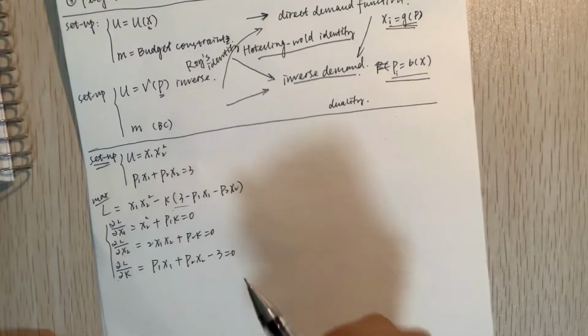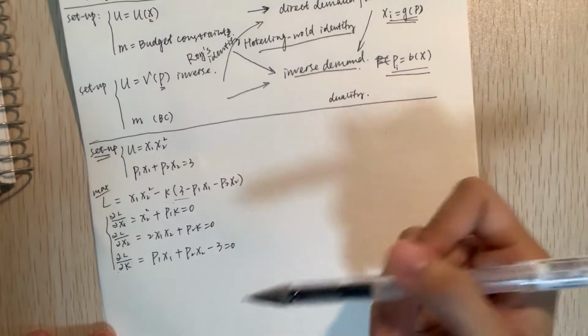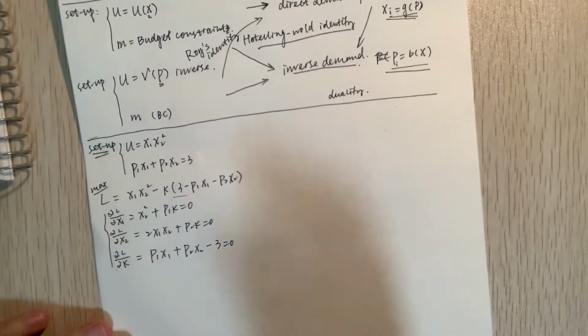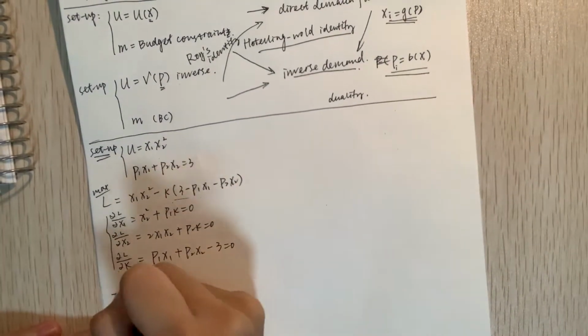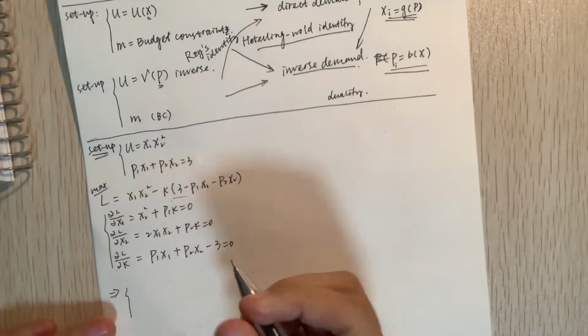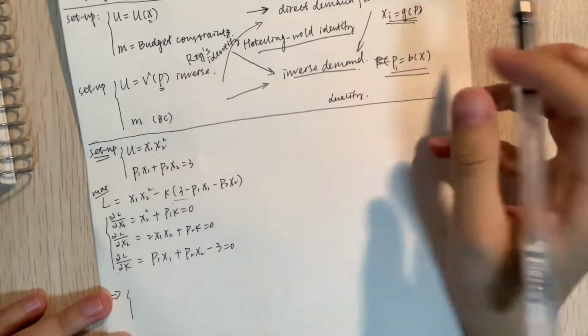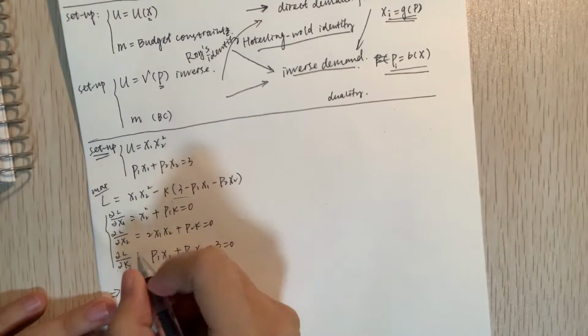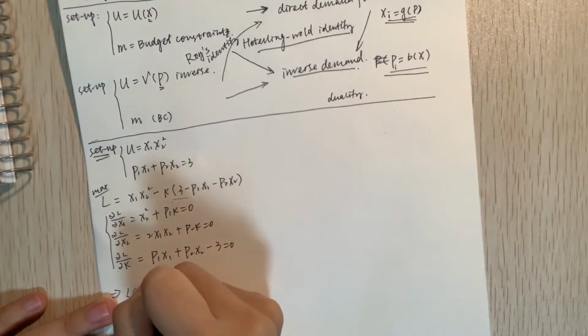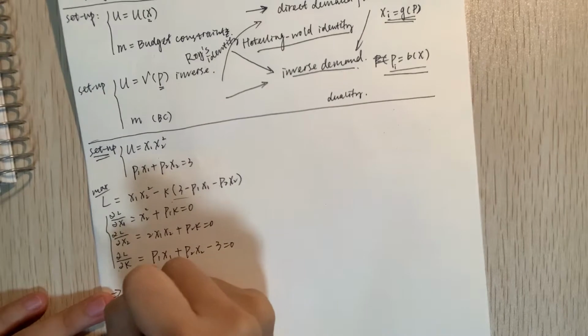I won't show how we actually solve this, but it's very simple. I'm just going to jump directly to the results, which give us, like I said before, the direct demand function, x1.